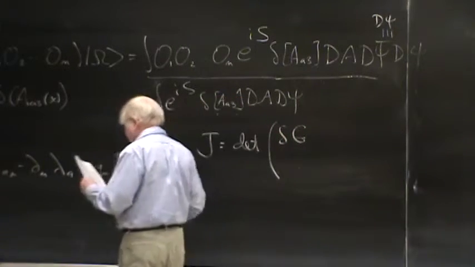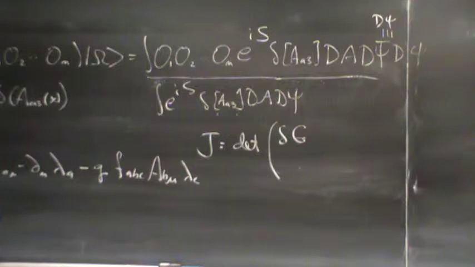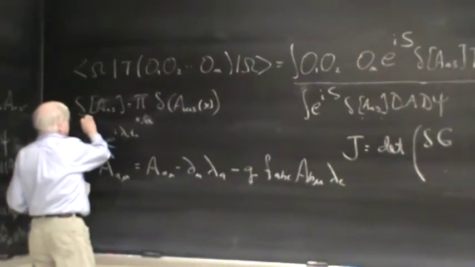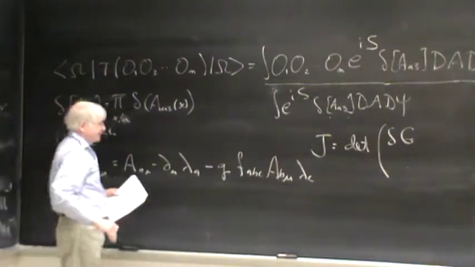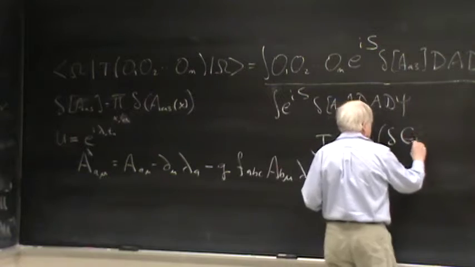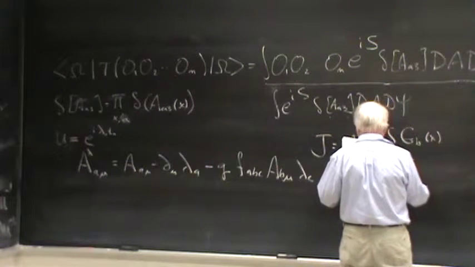And we're thinking of G here as the gauge fixing term. So here the gauge fixing term was delta of A3. I'm just going to call that G of A of x.